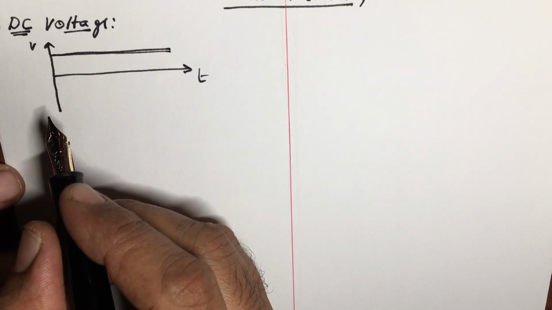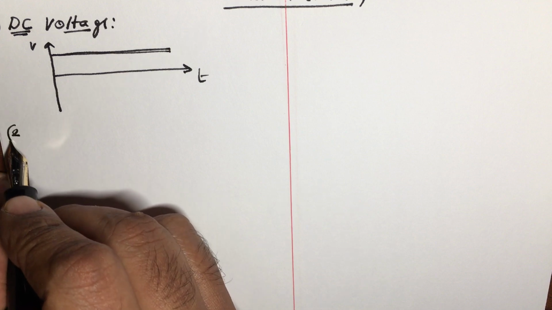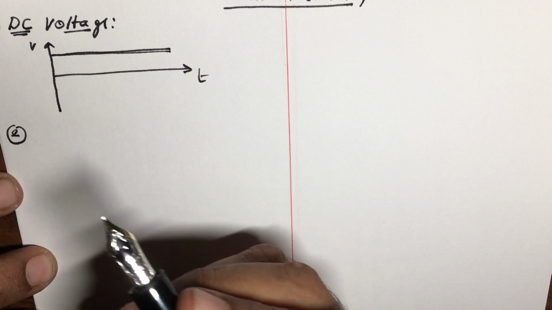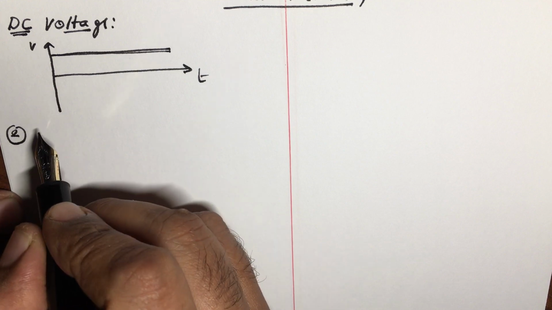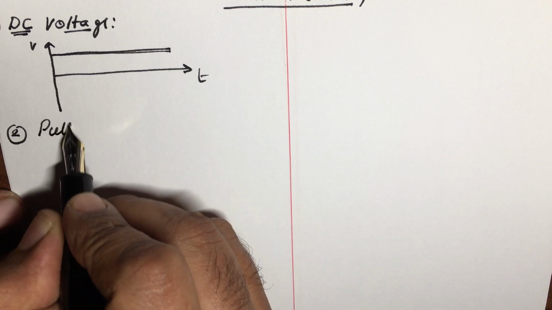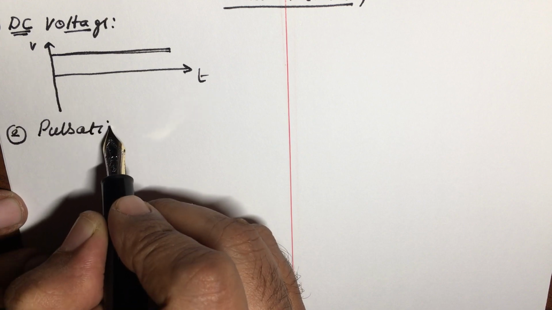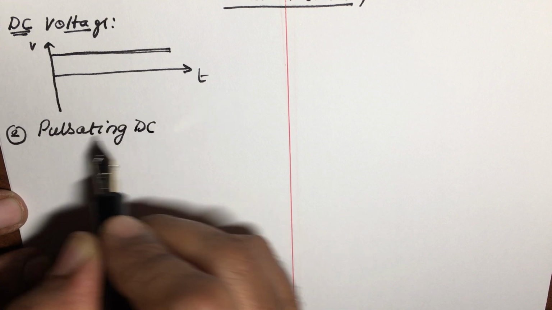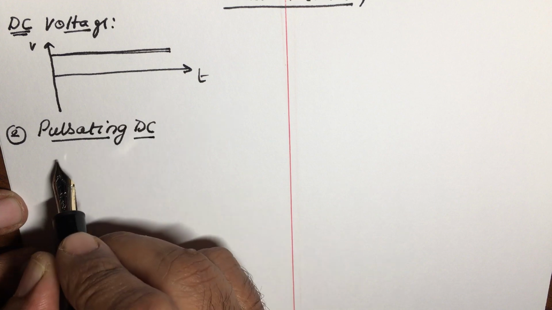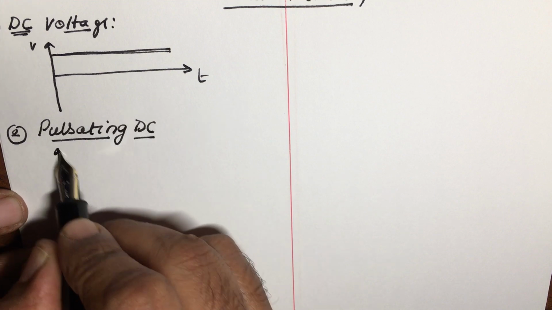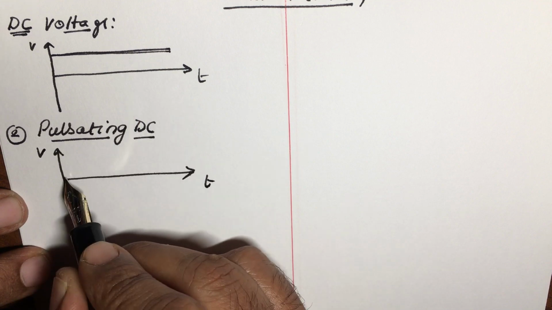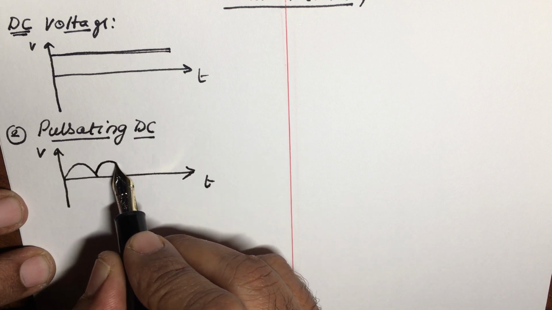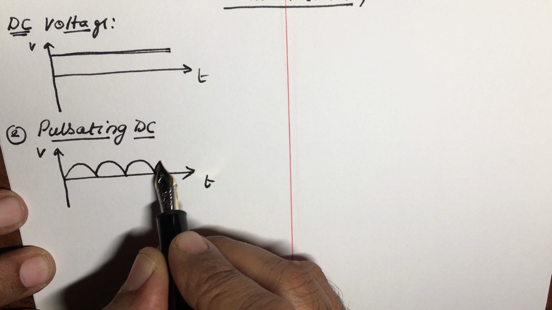Number two, you've studied in semiconductors, electronics, that we have something known as pulsating DC. Now here, this is the voltage, that is time, that is a pulsating DC.